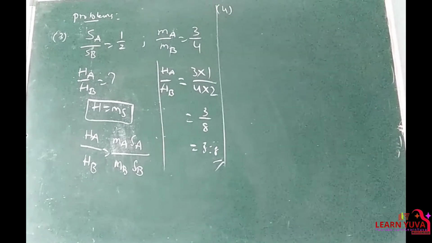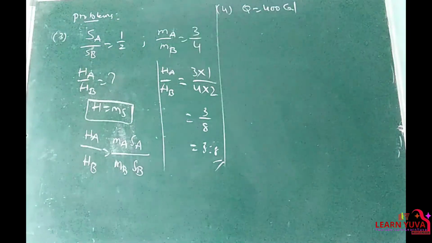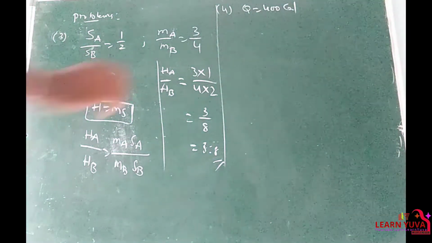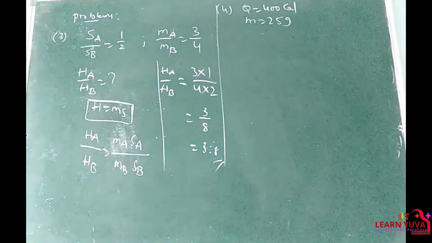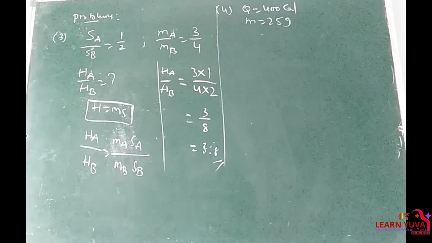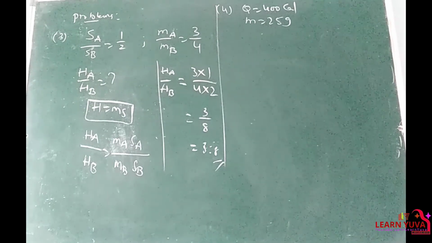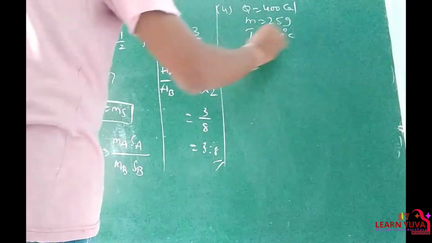the heat energy of 400 calories causes 25 grams of mass of a substance, right, to change the temperature from 190 degrees Celsius to 60 degrees Celsius.